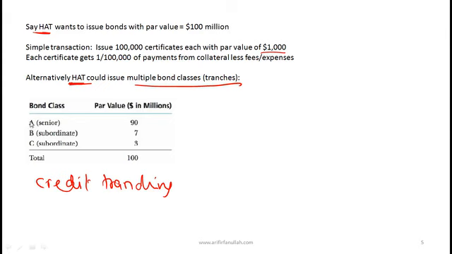Investors who just want to play it completely safe and would not want to invest in anything where there is major risk, the advantage is by creating the structure, you have also allowed them to become investors in this issue. Okay, so this was credit tranching.